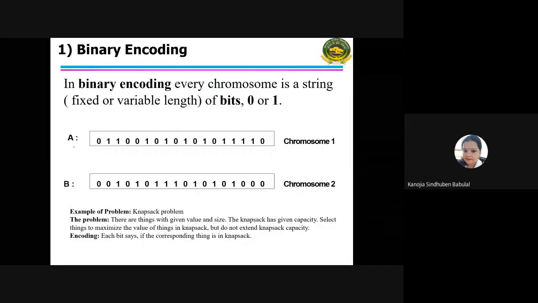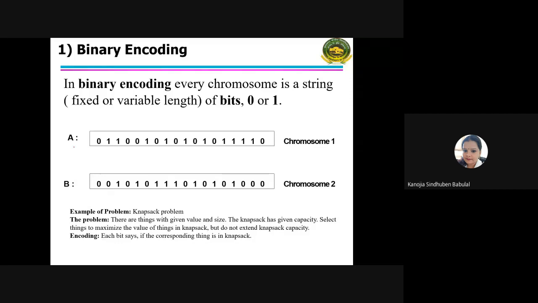So let us talk about the first encoding scheme. The first encoding technique is binary encoding. In binary encoding, every chromosome is a combination of zeros and ones. You are able to see zeros and ones written over here.